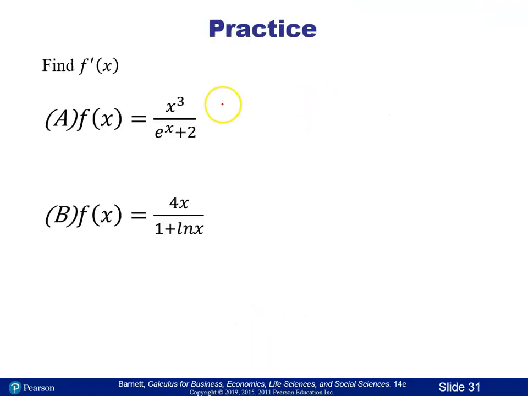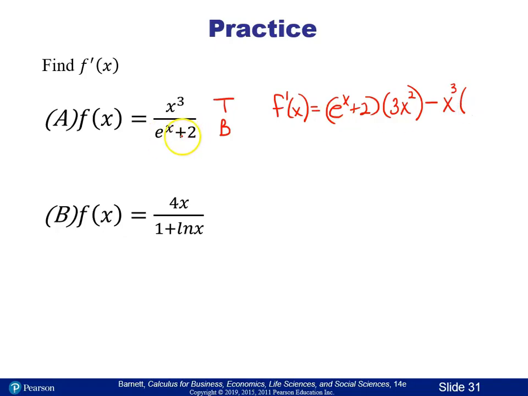Okay, so if we let this be top and bottom, our derivative for this one is going to be the bottom times the derivative of the top, minus the top times the derivative of the bottom, which is just e to the x. And then that's going to be over e to the x plus 2, and that whole thing squared.